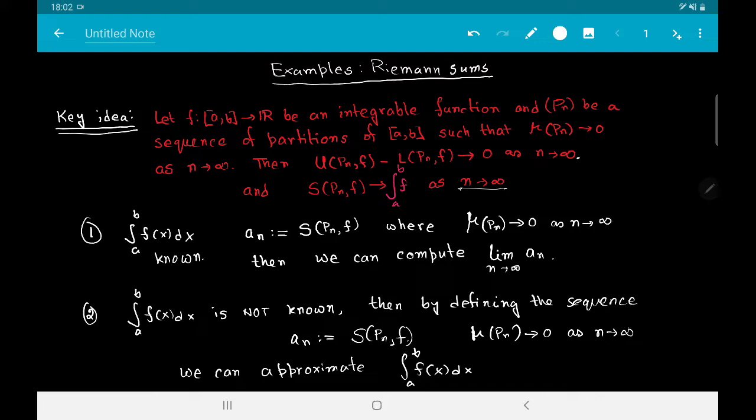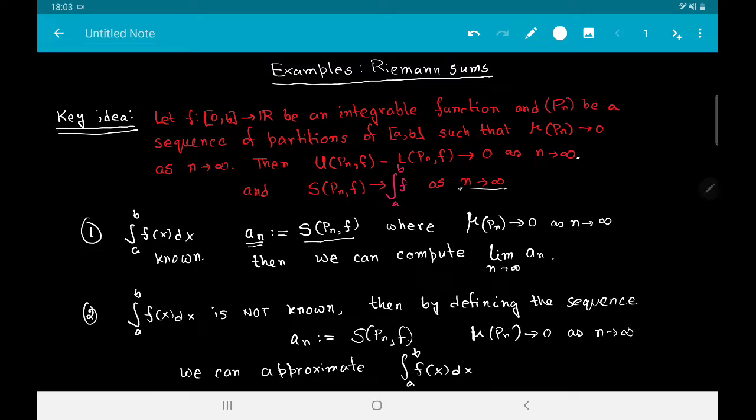There are two obvious ways of using Riemann sums in practice. Suppose that we are given a sequence a_n, which somehow we can identify with a Riemann sum of an integrable function f for which the integral is known, and the partitions for which the Riemann sums are considered have the property that the mesh of P_n goes to 0 as n tends to infinity.